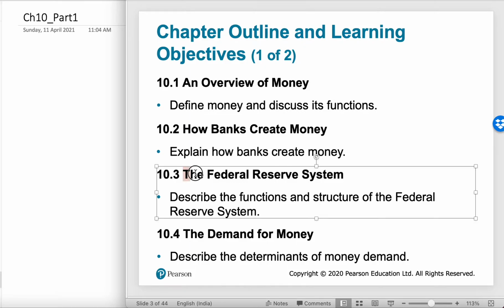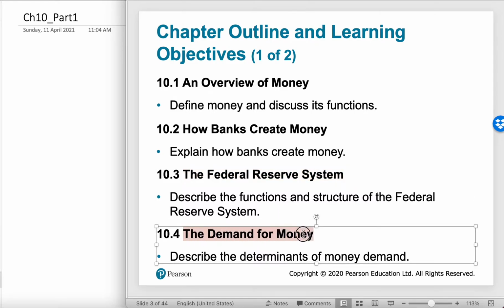Then we will give a little bit of exposure to the Federal Reserve System and how central banks are controlling the money, very briefly. And we also talk about the Keynesian definition of the money demand.